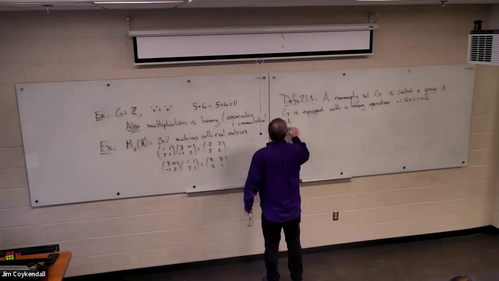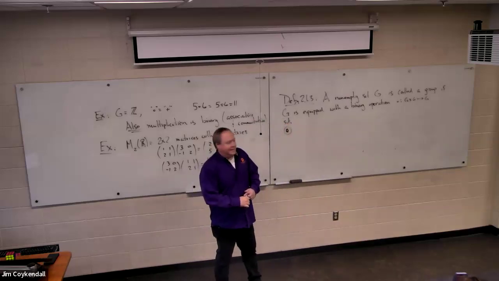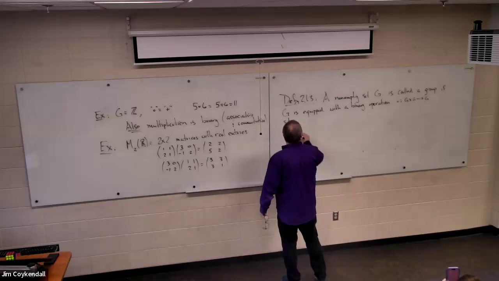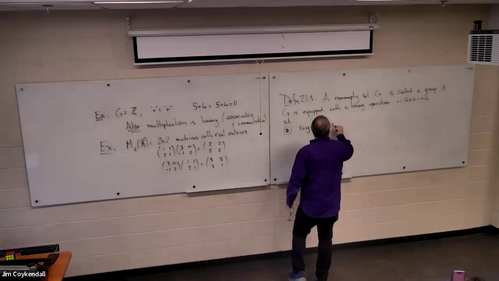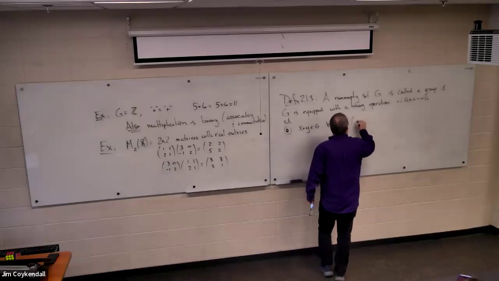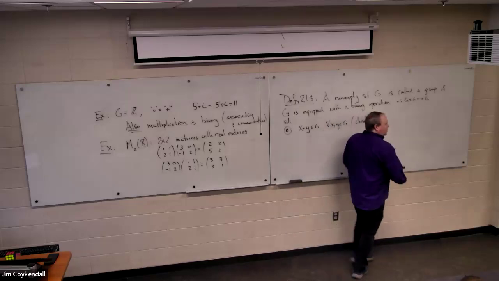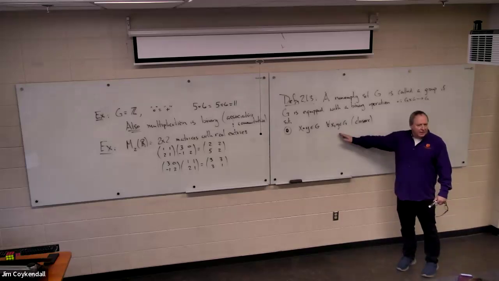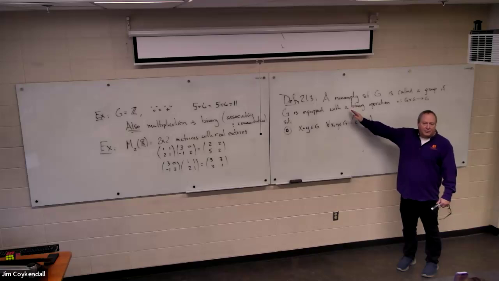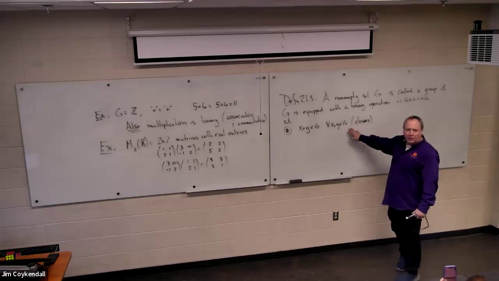I'm going to call the first one 0. My first property 0, because this one is redundant, but I like to do it anyway. And sometimes when considered from this respect, this is called closure, right? I really don't need to say this because this is subsumed in the fact that G is equipped with a binary operation, right? So the binary operation means this, but sometimes this is called closure property.